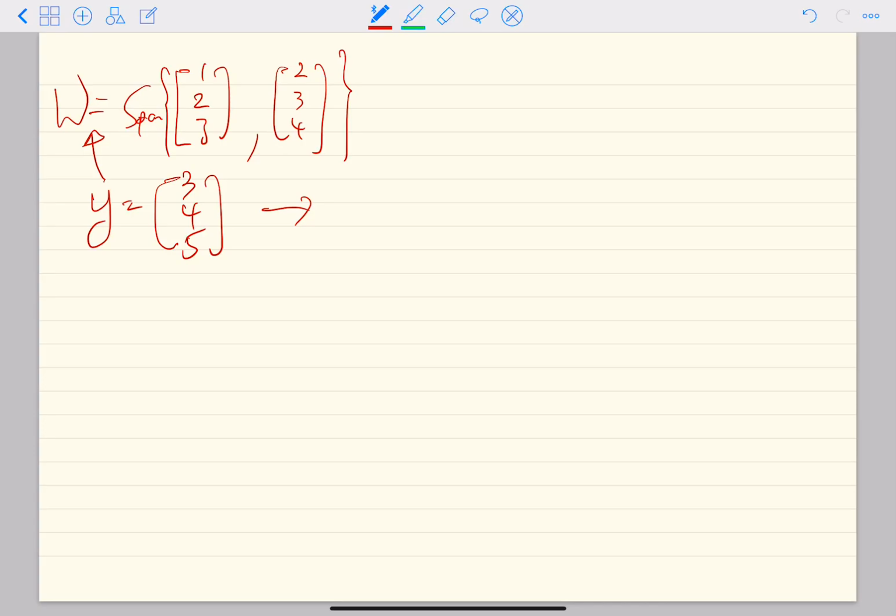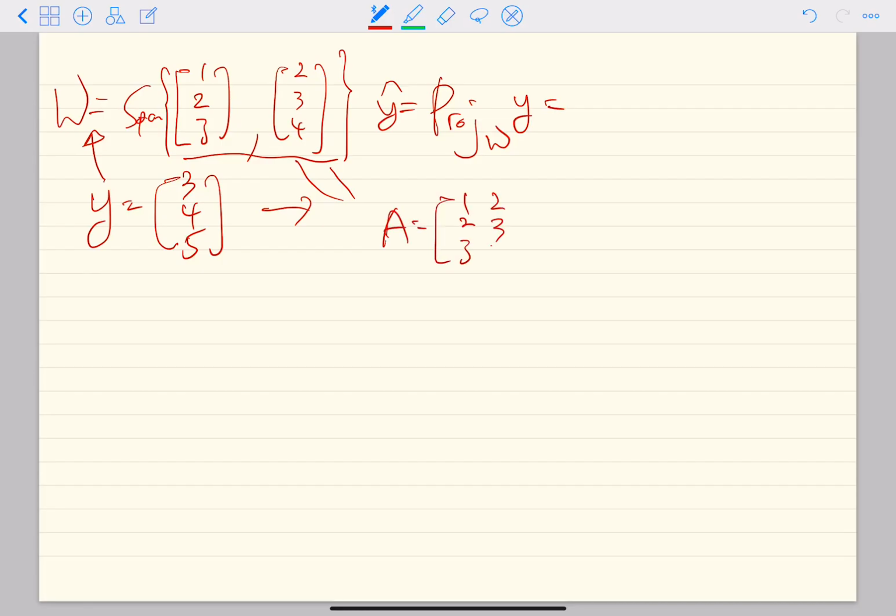In this case, the orthogonal projection is represented as follows. Let's consider A as 1, 2, 3, 2, 3, 4, containing the basis vectors as columns.